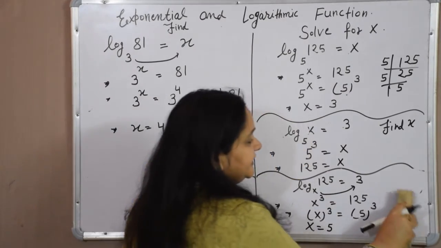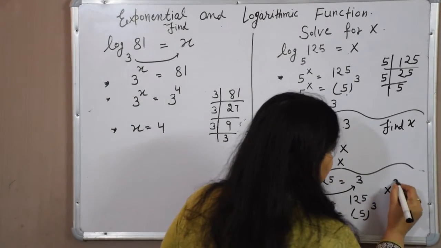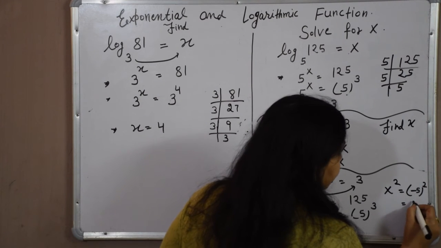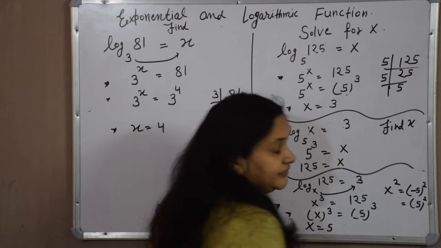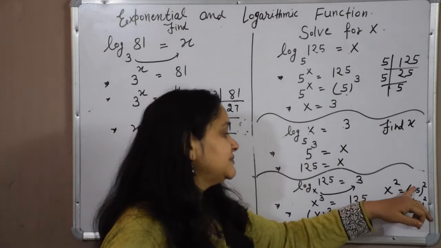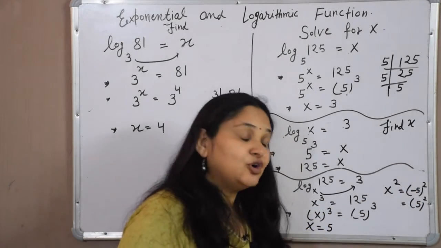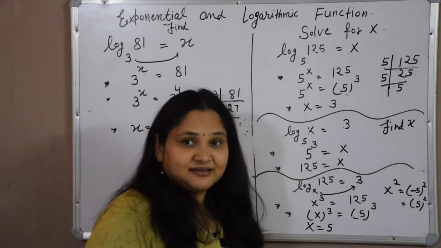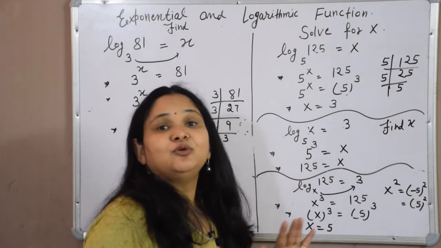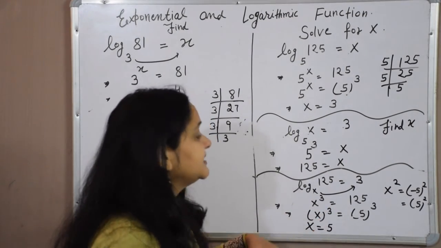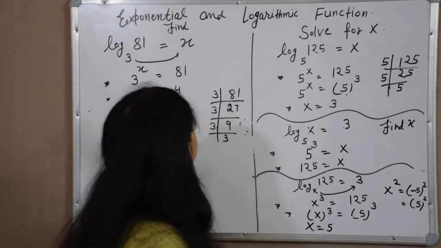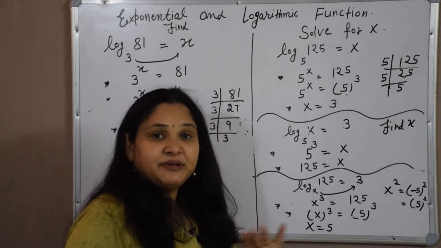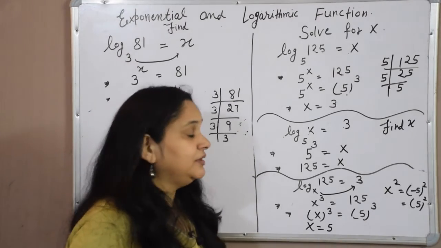If there is a possibility we are having in terms of square, x square is equal to, we can write minus 5 square is also 25 and 5 square is also 25. So there may be two possibilities, minus 5 and 5, but we have already told you that this base is always greater than 0 and this base cannot be equal to 1. These conditions I have already told you in the definition of logarithm. So this base cannot be negative and it cannot be equal to 1.